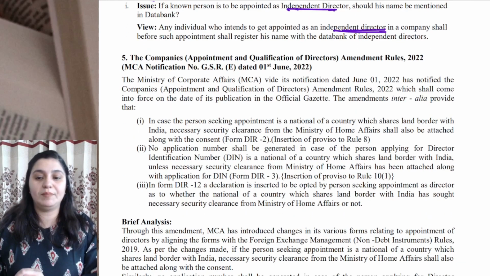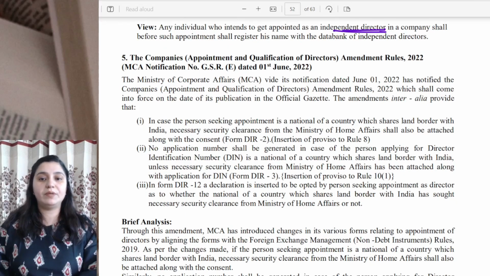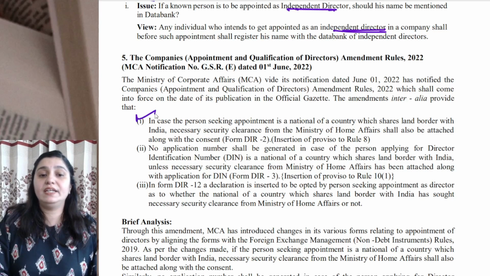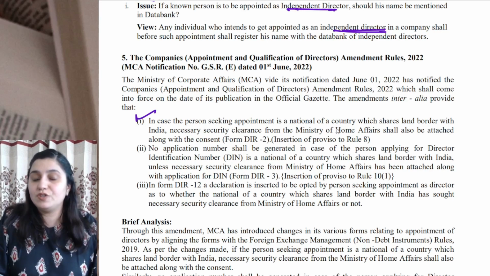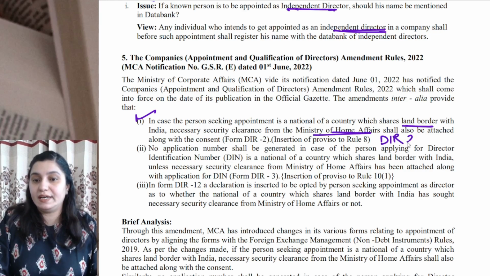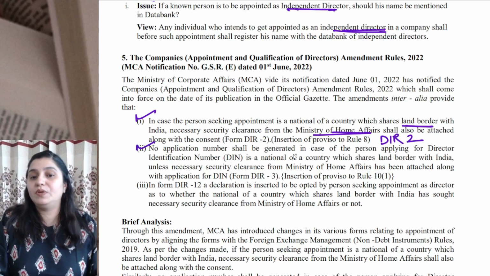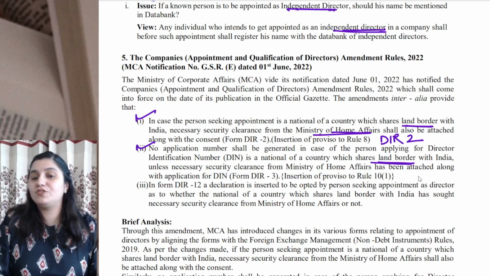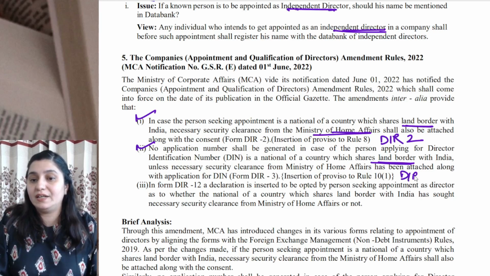Moving ahead to the fifth amendment, that is in appointment and qualification of directors, which says that the amendments inter alia provide that in case the person seeking appointment is a national of a country which shares land border with India, the person shall obtain the necessary security clearance from the Ministry of Home Affairs, and shall also attach the consent DIR 2, and no application number will be generated in case a person applying for DIN is a national of a country which shares land border with India, unless necessary security clearance from the Ministry of Home Affairs along with DIR 3 is attached.